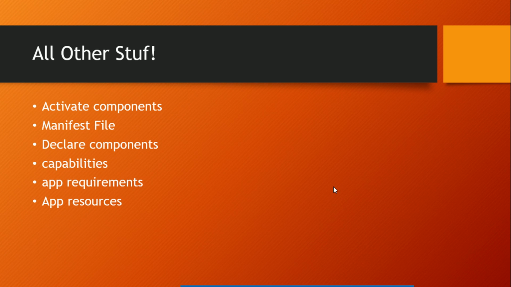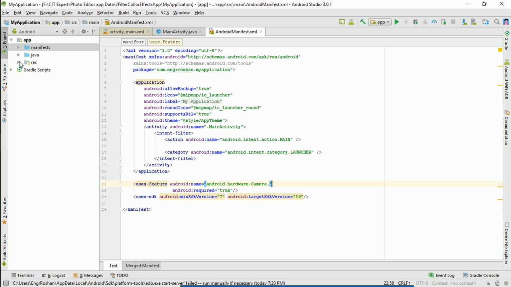The styles, the strings, all of these things. This folder is our resource folder. These are basically default backgrounds. So all our pictures will be stored in the drawable folder.